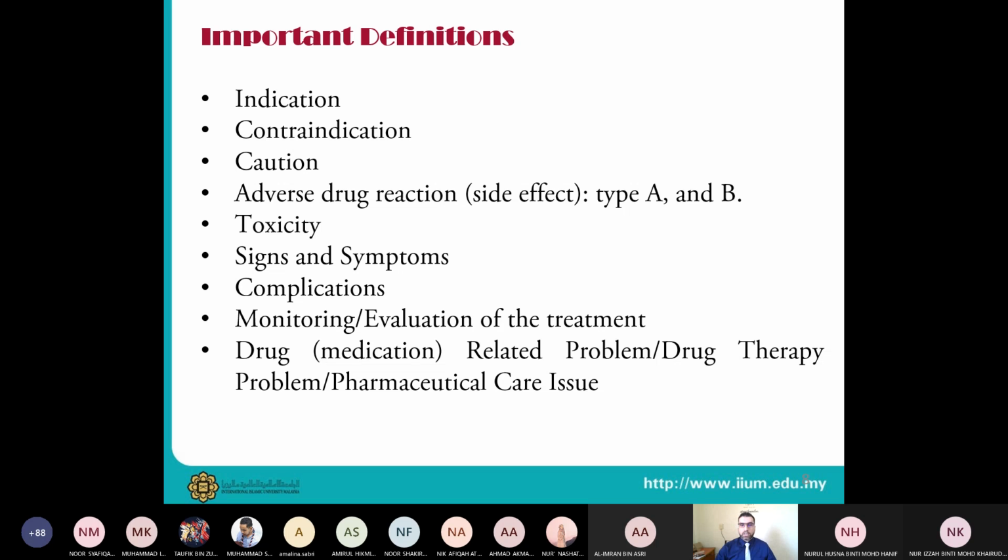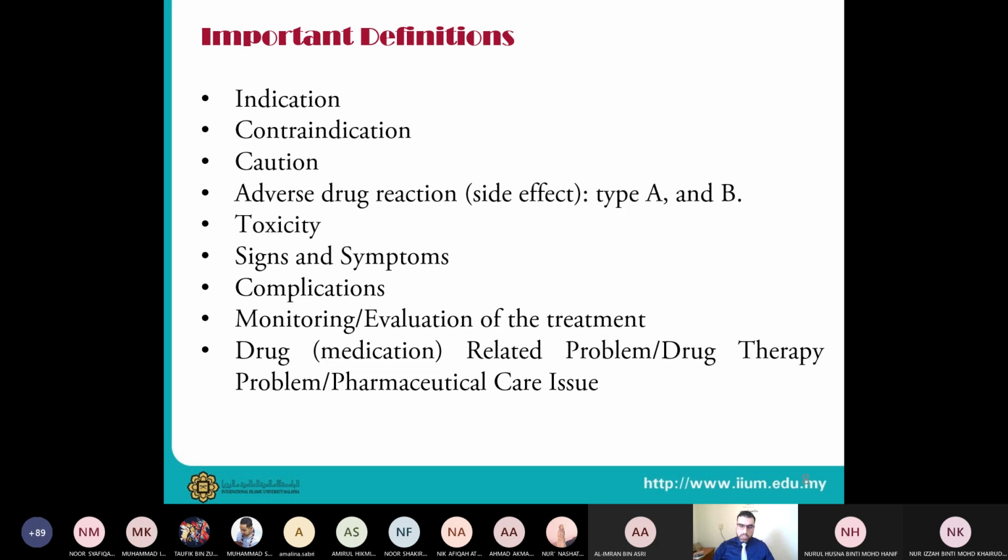Contraindication is exactly the opposite, where the patient has a condition in which the medication shouldn't be used. Why shouldn't it be used? Because the risks outweigh the benefits. Okay, even if the medication is indicated in this patient, for example, let's say this patient has diabetes again, and metformin, of course, is indicated for patients with diabetes.